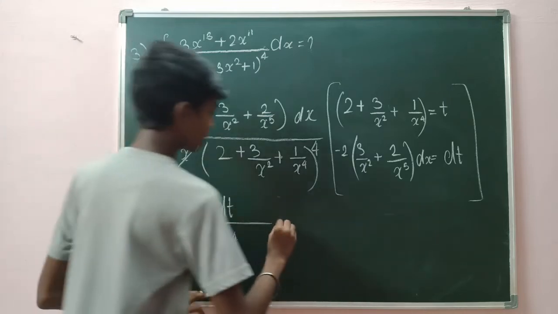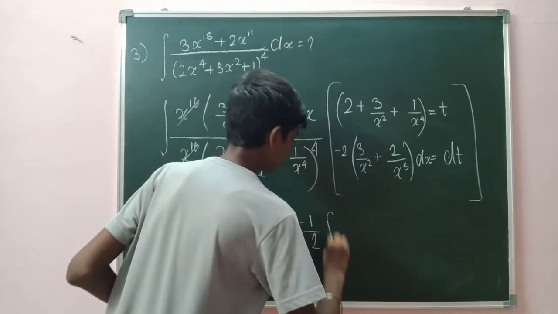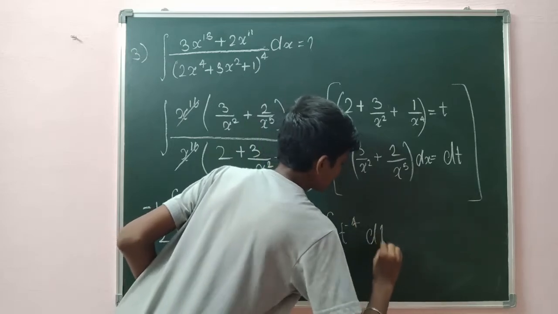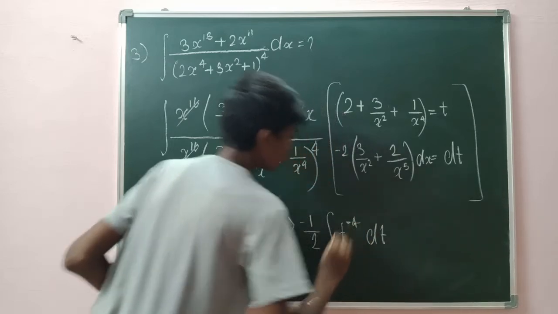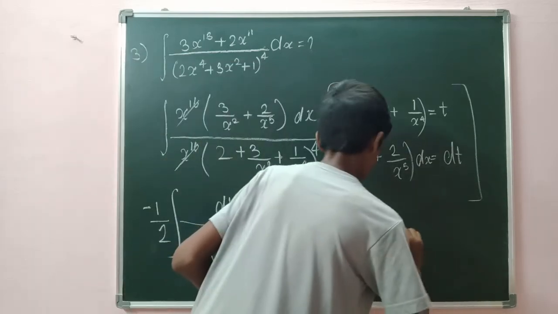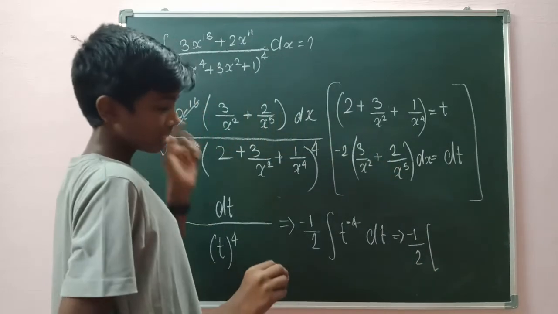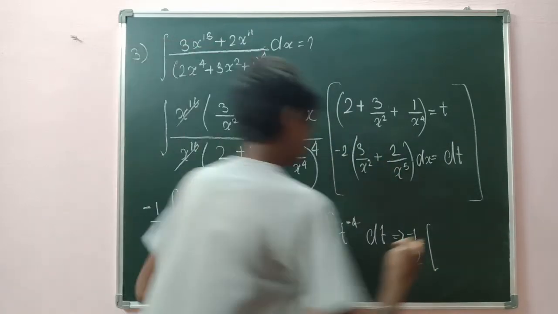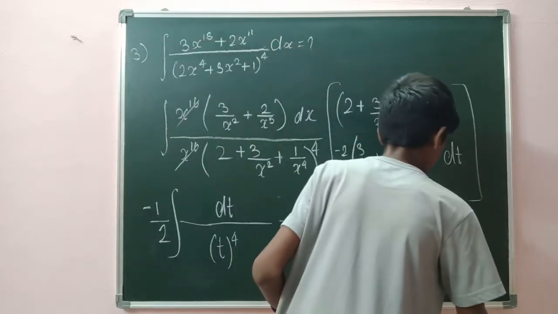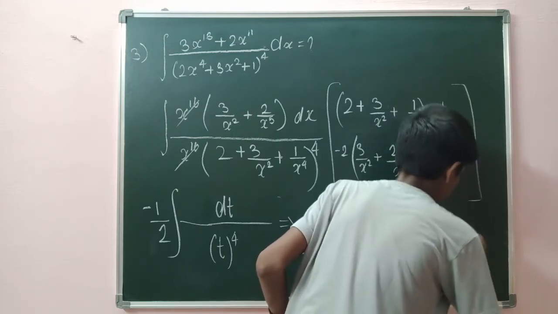So now it's going to be very simple. Take this t power 4 to the numerator, it will give us minus 1 by 2 into the integral of t power minus 4 dt. Correct now? This is what you will get when you take t power 4 to the numerator. Now the integral of t power minus 4 will be t power minus 3 by minus 3.